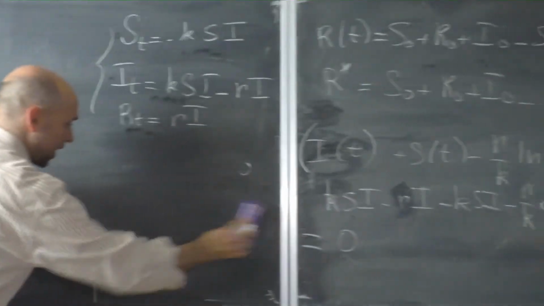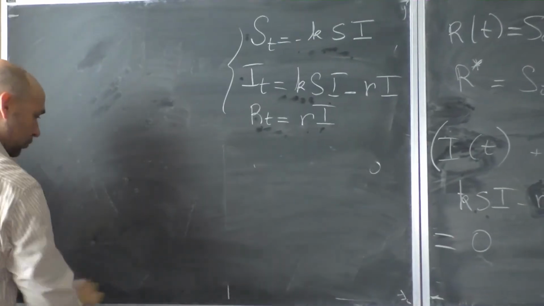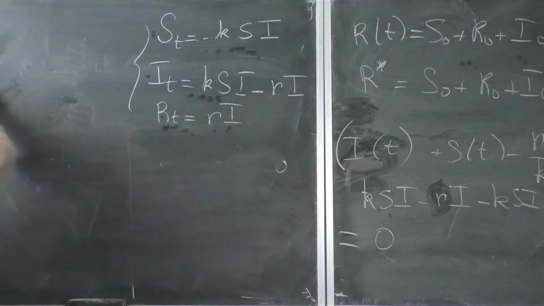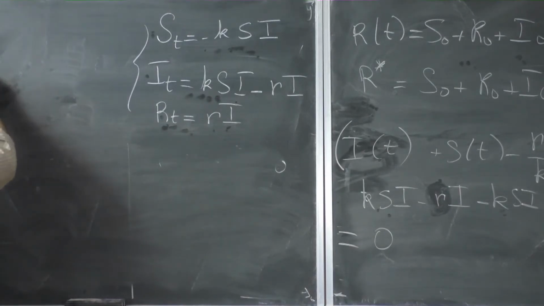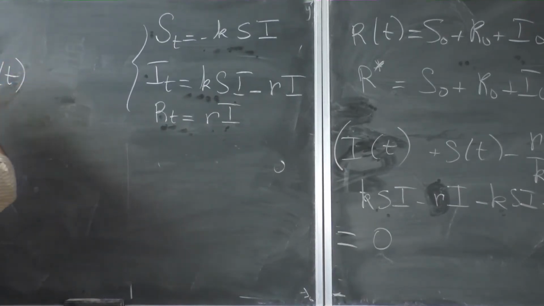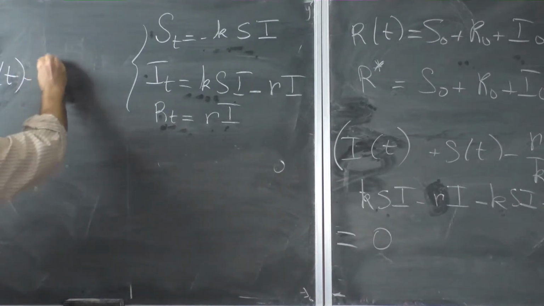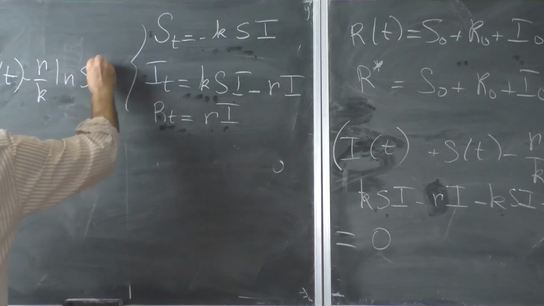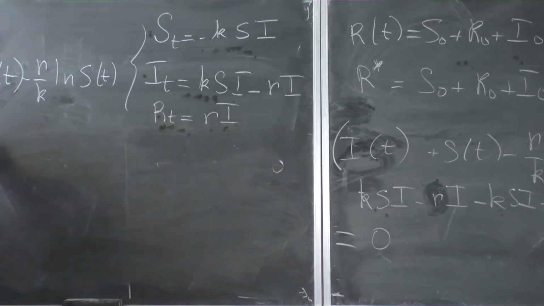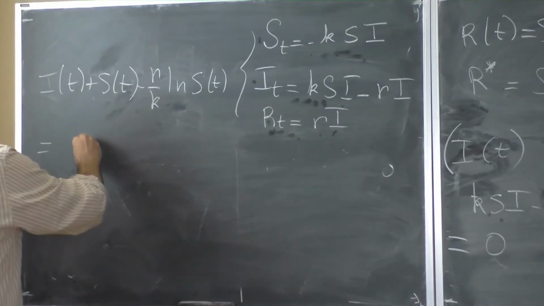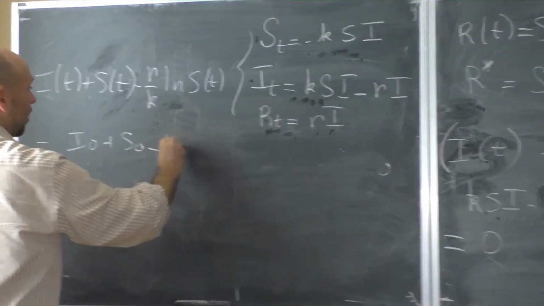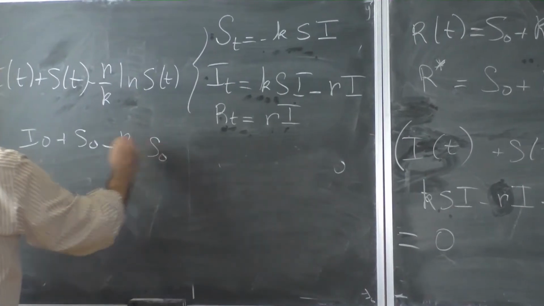Oh no! I'm going to erase that, and finally I do get that I of t plus S of t minus R over K log of S of t equals I0 plus S0 minus R over K log of S0.